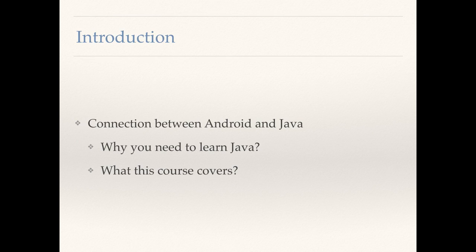So Android is basically an extension or is fully based on Java, which is why understanding the basic concepts of Java is very important, because all the basic concepts are used in Java, because Android programs are basically nothing but Java programs. Without understanding the basic concepts of Java or the object-oriented programming methodology in Java, it would be really difficult or sometimes impossible to grasp the concepts of Android, which is why we're going to go through the basic concepts of Java. That's what this course covers.